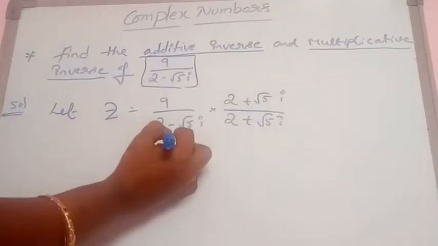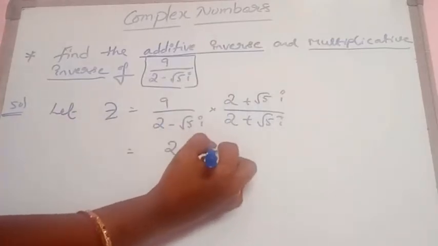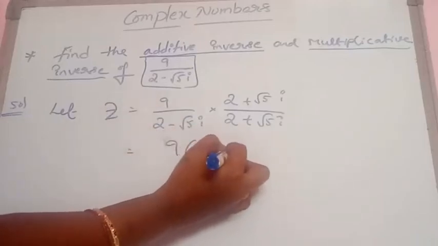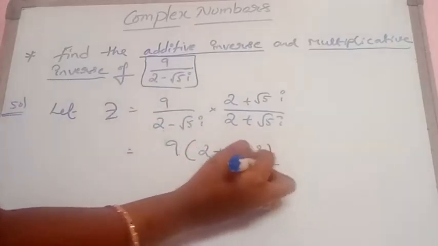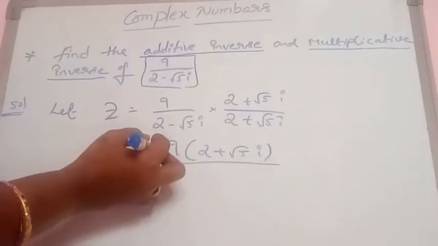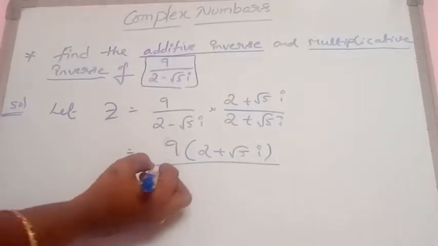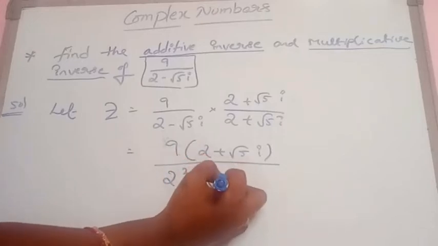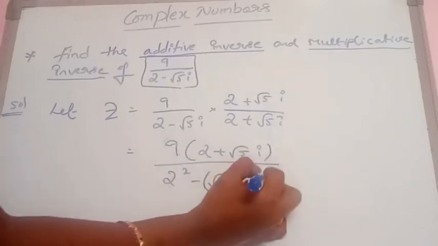So then we have to write 9 into 2 plus root 5i by, here a minus b into a plus b is nothing but a square minus b square. So 2 square minus root 5 into i whole square.